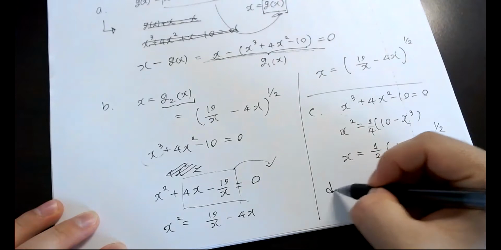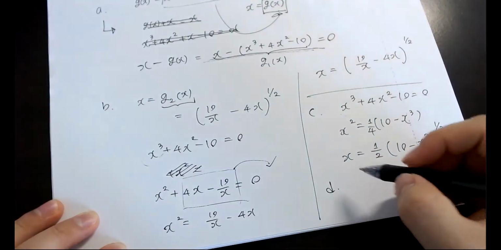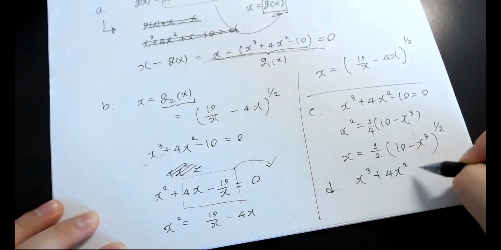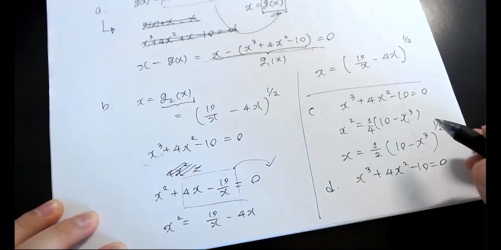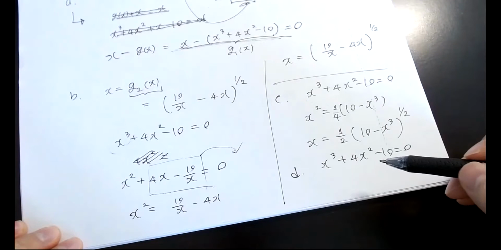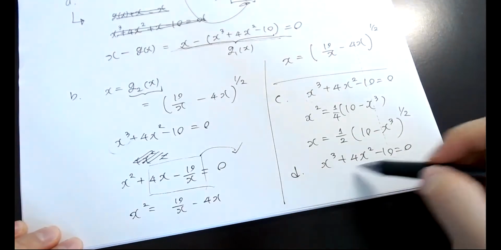In D, first, let me write down x cubed plus 4x squared minus 10 equals 0. First, we're going to take out x squared from the first and second terms.